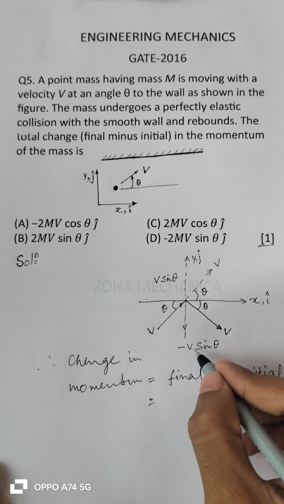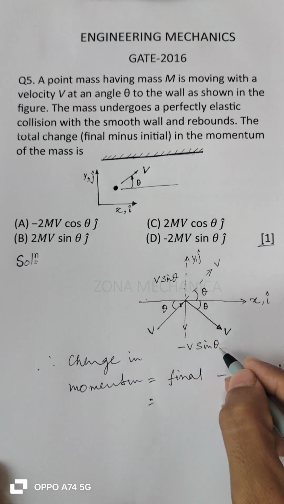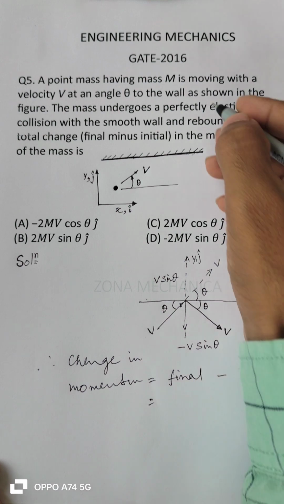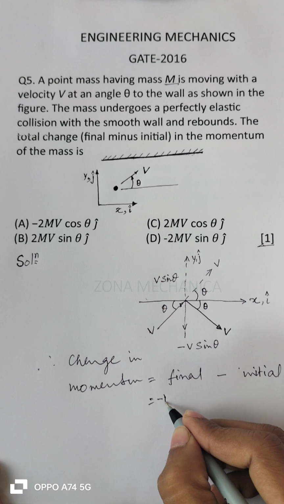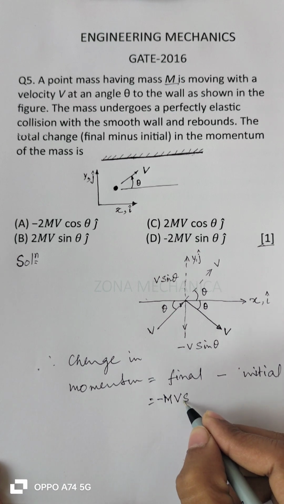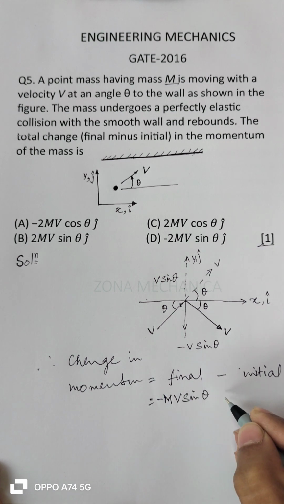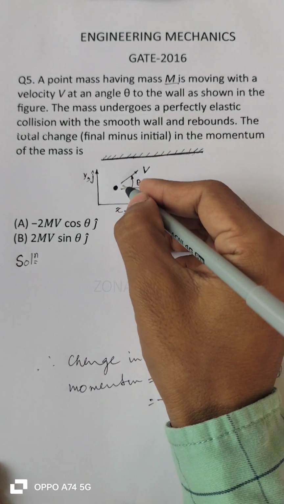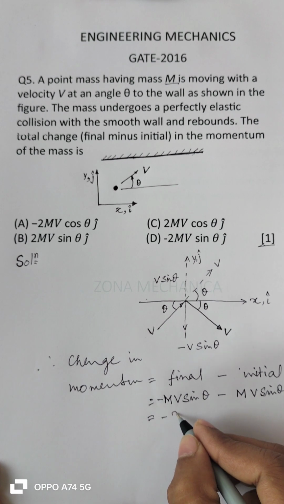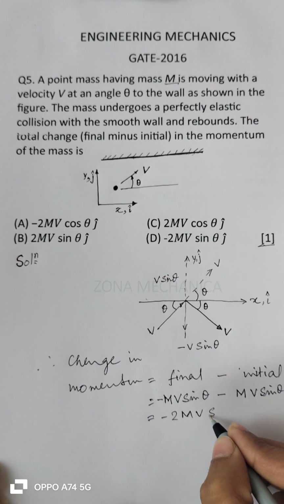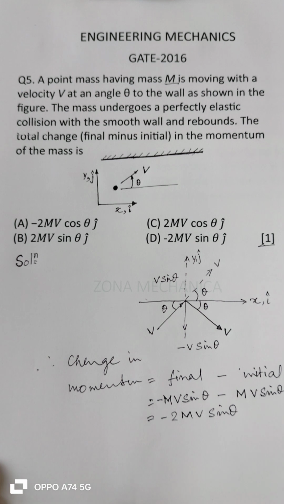So that means final momentum is, this is the velocity and the mass is m, so minus m into v sine theta, and this is the initial, this one, v sine theta. That means the momentum will be m v sine theta, right? That is minus 2 m v sine theta. So the option D is the correct answer. Okay.